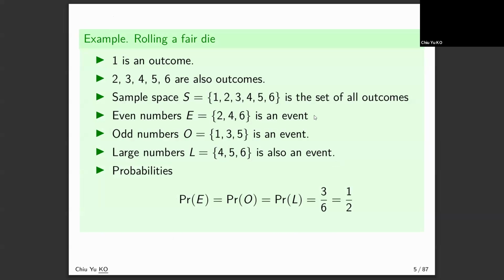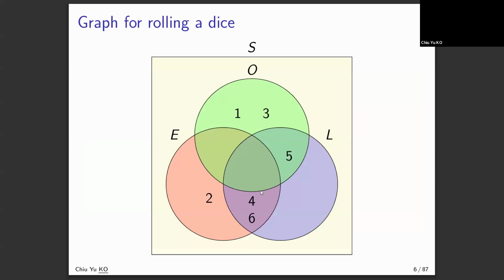The sample space is 1 to 6 because these are all possible outcomes. The probability of even is you count how many outcomes, which is 3, over 6 outcomes, so it's 3 over 6. The probability of odd is 3 over 6 again. Large is 3 over 6. You can simplify 3 over 6 to 1/2. So that is the standard definition. Nothing very new, I think you know it from high school.